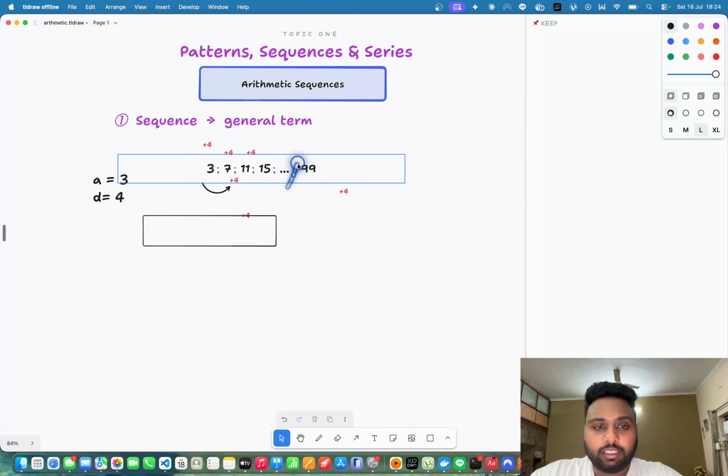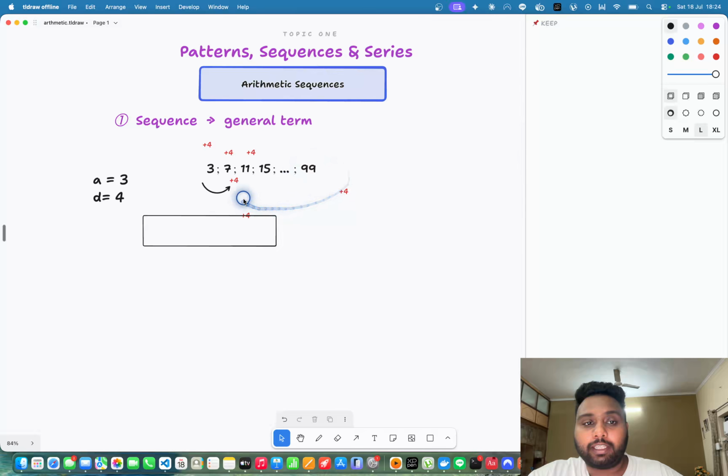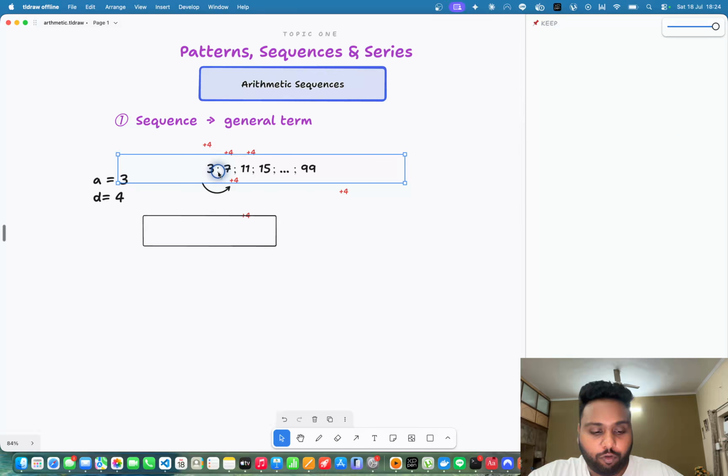Based on this, let's think about a general formula that can tell us what each term is going to be. The first term is A, but how do we determine what the next term is going to be?